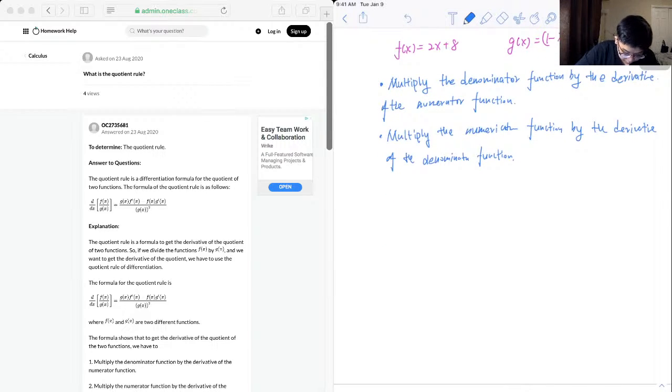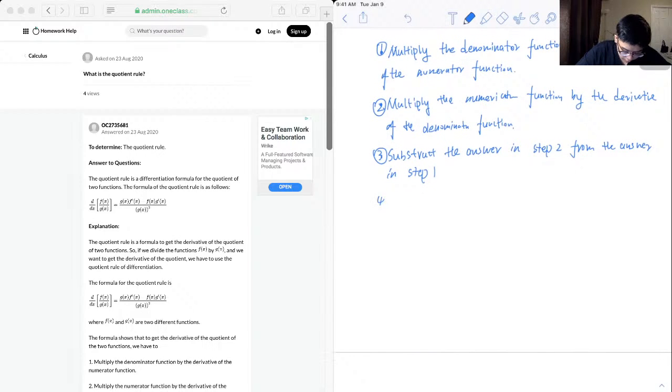And then after multiplying these two, we'll need to subtract the answer in step 2 from the answer in step 1. So that's 1, 2, 3.